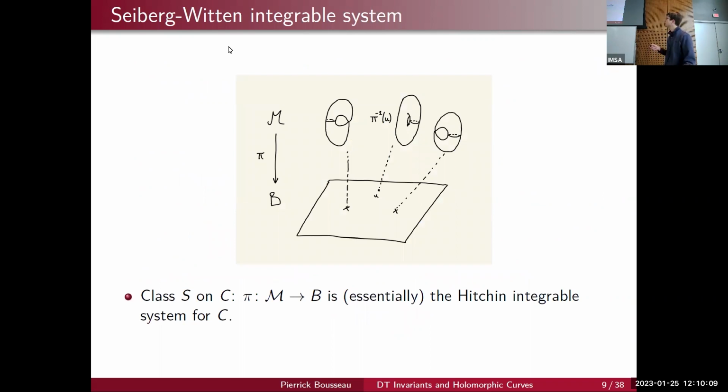Okay, so here is a very basic picture of a complex integrable system. You have a torus fibration over some base with some singular fibers in complex dimension. And a typical example of such picture is also called the class S series. This thing is essentially some Hitchin integrable system.